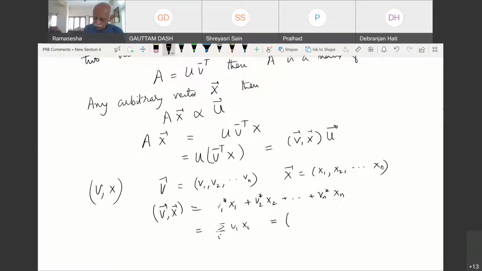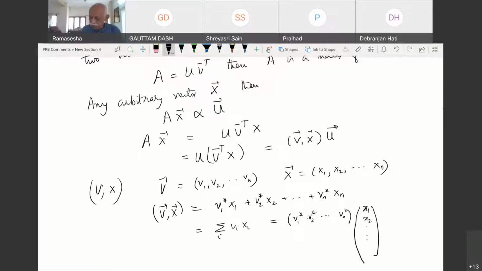That is, what I need to do is multiply to get a scalar, right? So I'll take something with 1 row and n columns, which is v1 star, v2 star, ... vn star, and then the column vector x1, x2, ... xn.